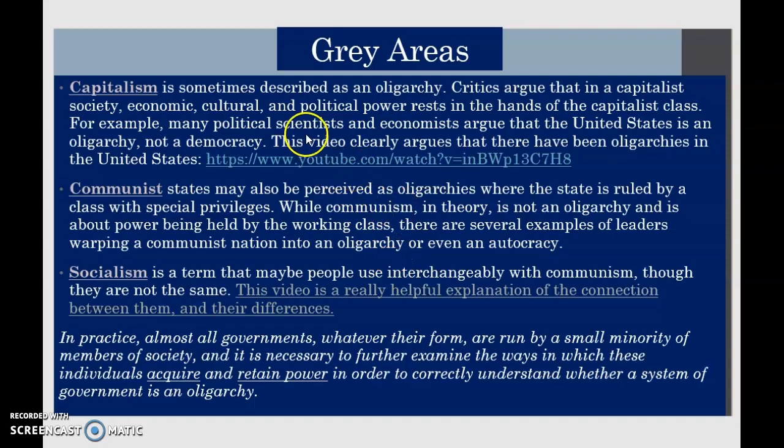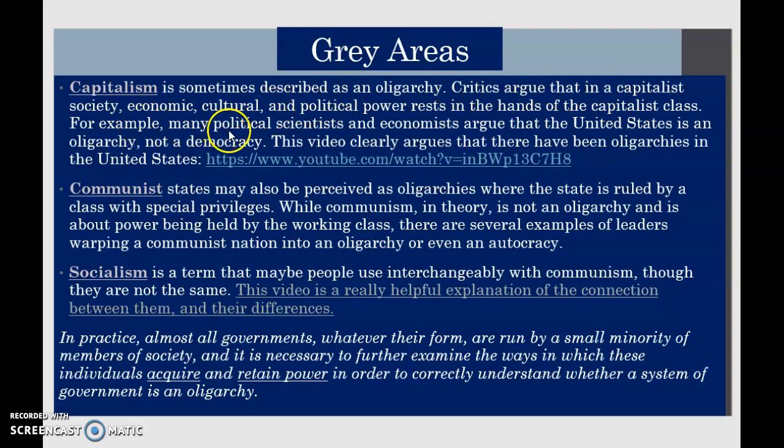And a lot of critics describe capitalism as an oligarchy because they argue that in capitalism, the power goes into the hands of the capitalist class, the people who have really taken control over the means of production and distributing goods.